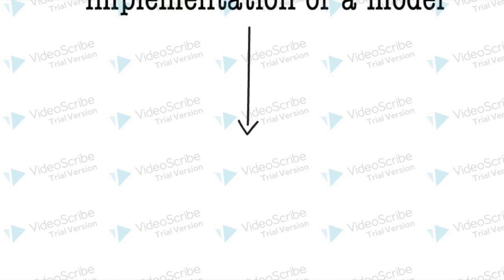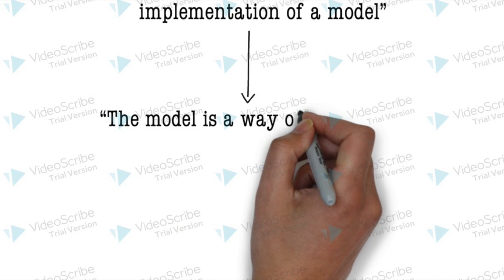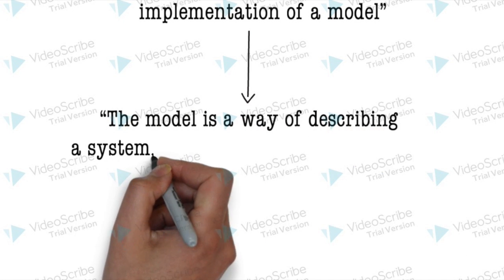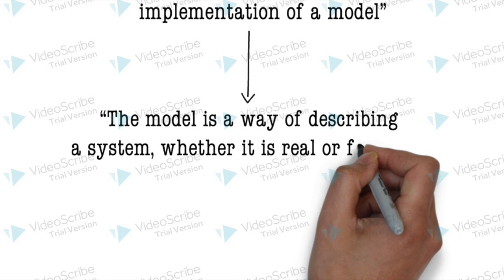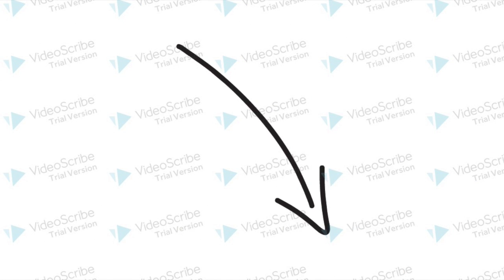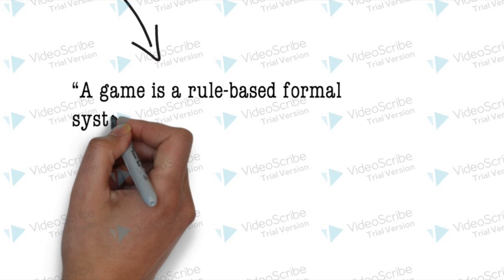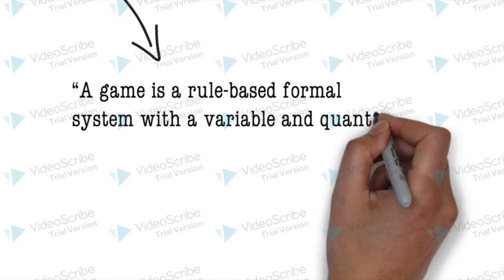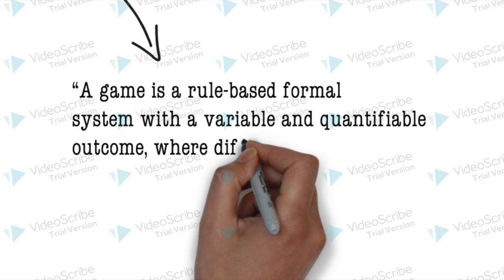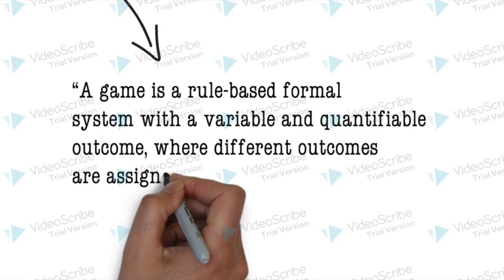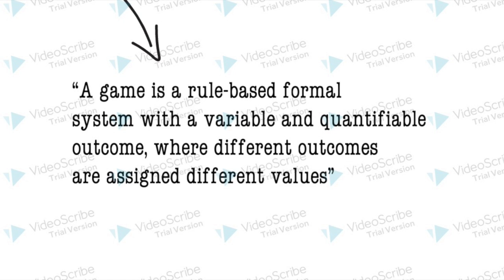And to be more clear, they also define a model as a way of describing a system, whether it's real or fantastic. And for computer games, a game is defined as a rule-based formal system with variable and quantifiable outcomes, where the outcomes are assigned different values.